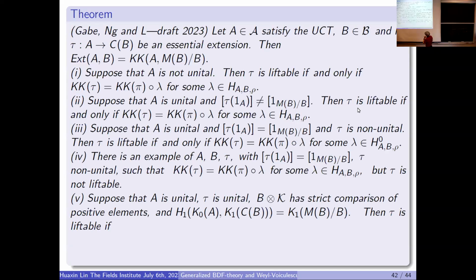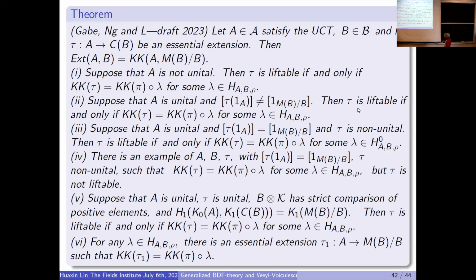In certain cases, we can still describe when it's liftable, if tau is unital, A is also unital. This part says we know all of those, that given any lambda there, you can find one which hits this element, and it just tells you there are lots of trivial extensions.